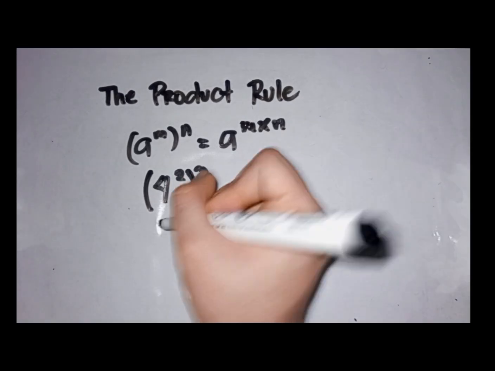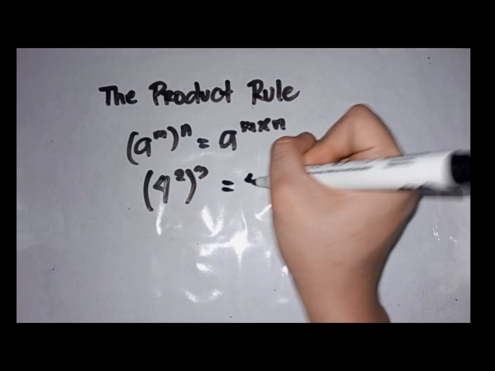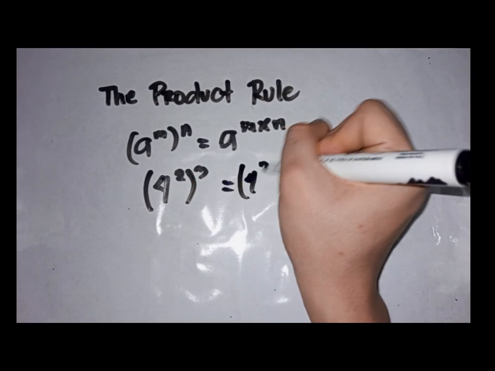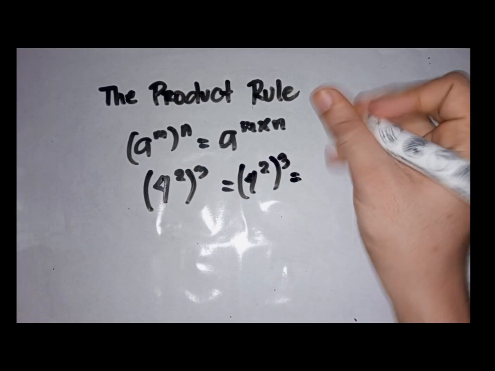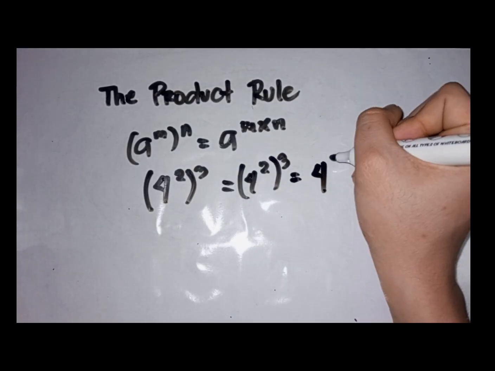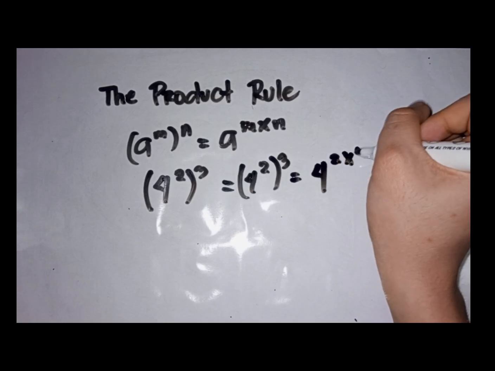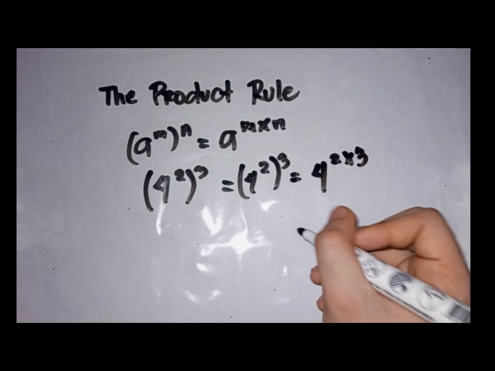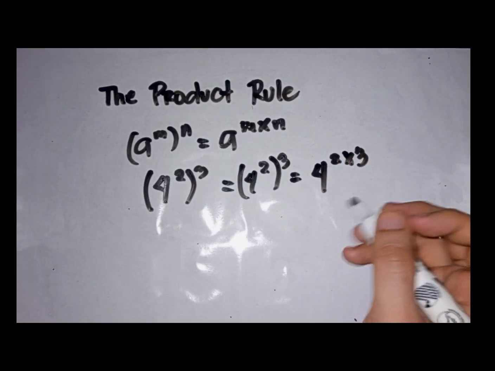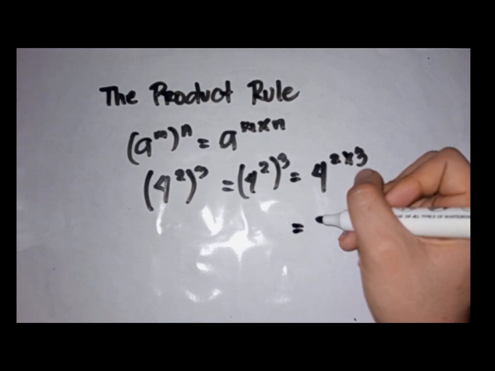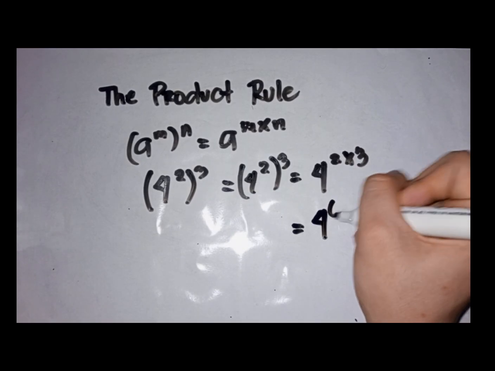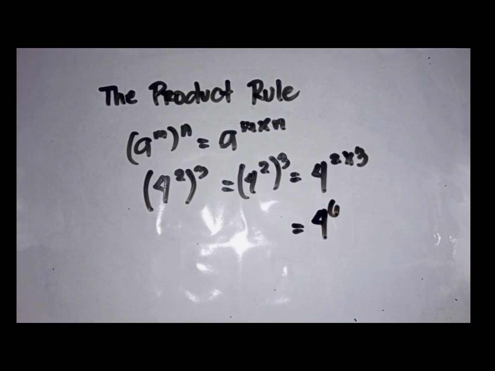So 4 raised to 2, raised to 3, is equal to 4 raised to 2 times 3. Now 2 times 3 is 6. So our answer is 4 raised to 6. That is the power rule.